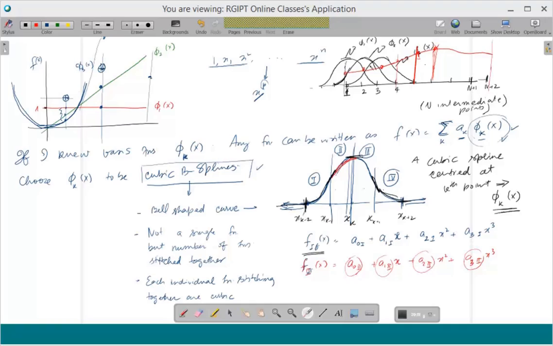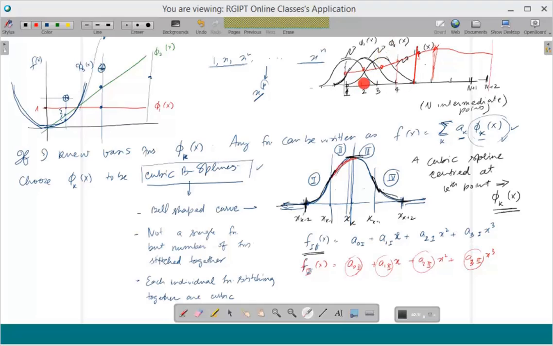So any point, for example this point, the value will be decided by the weights assigned to only three basis functions. One would be this one, and this one. One starting from 2 is already 0 here.